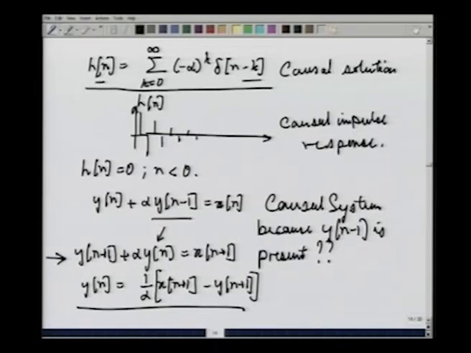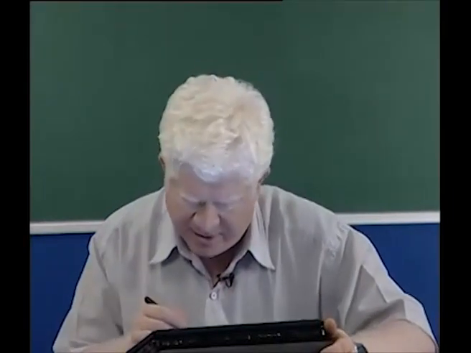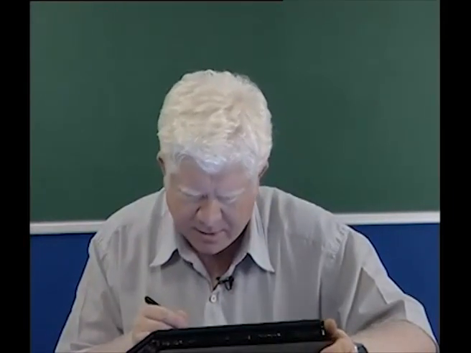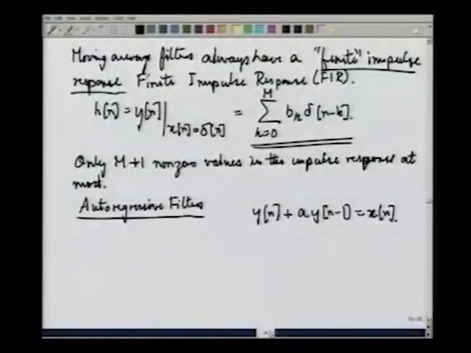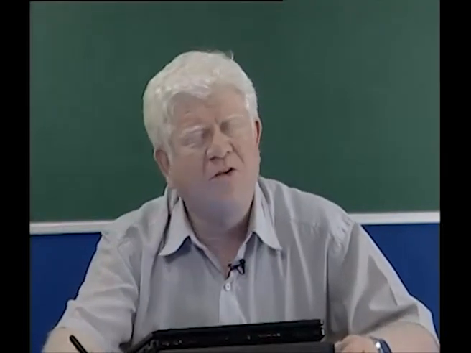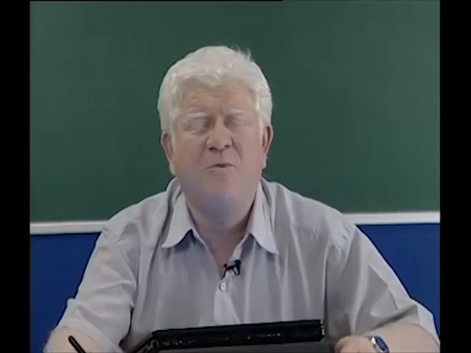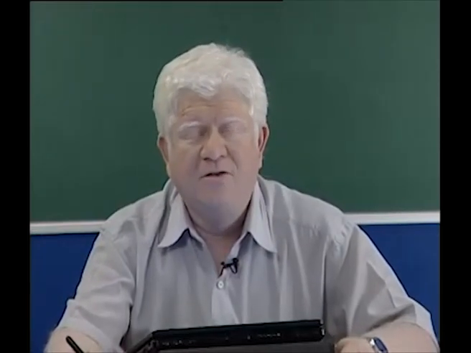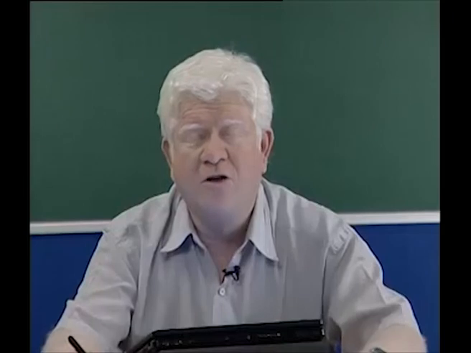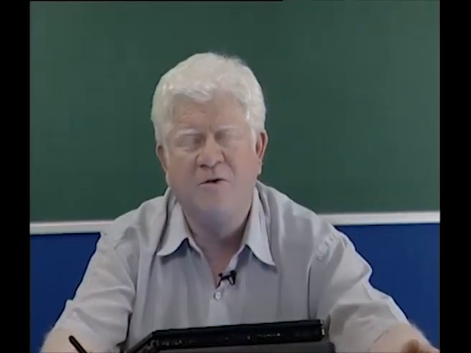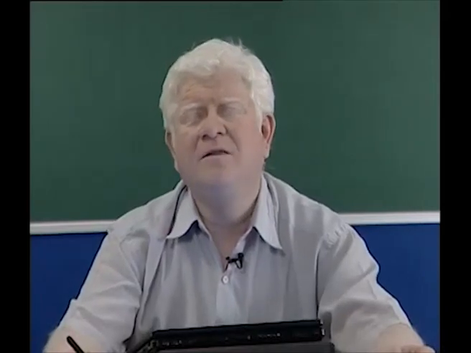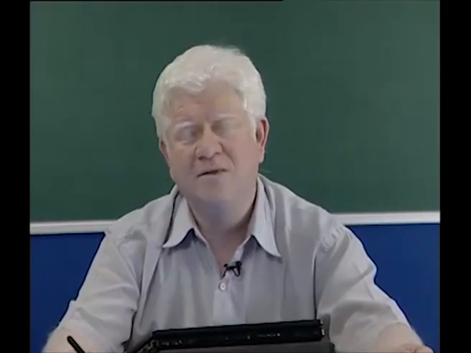So, we could keep recursively using older and older values of xn and not using the past values of yn. But as you saw in the process by which we obtained the impulse response of solutions for causal and anti-causal solutions for difference equations, you still require some one past value of yn.